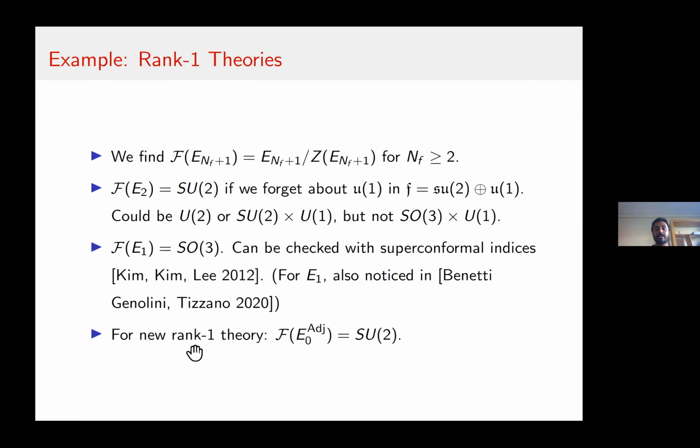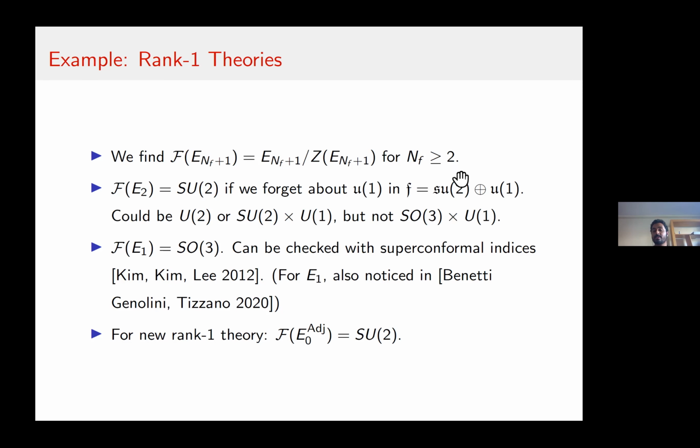So let's see what happens for these rank 1 theories. If you follow this procedure using the surface geometries, you find that for E_{N_F+1} theories, the true flavor symmetry group is always the centerless one. The center of E_{N_F+1} is always modded out completely if N_F is bigger than or equal to 2. For E2, we cannot deal with the abelian part of the flavor algebra.